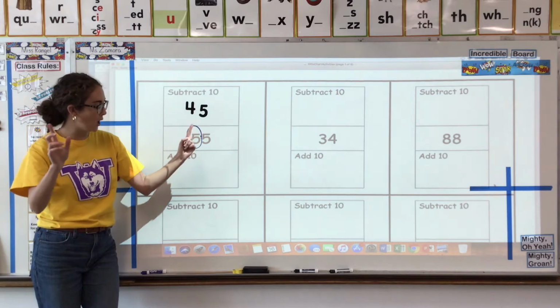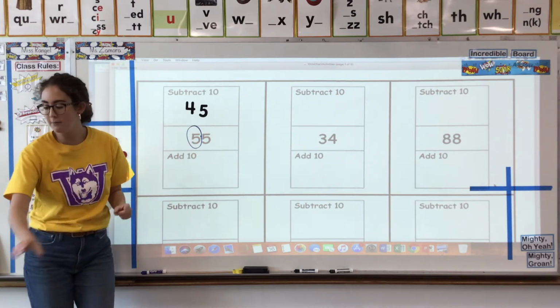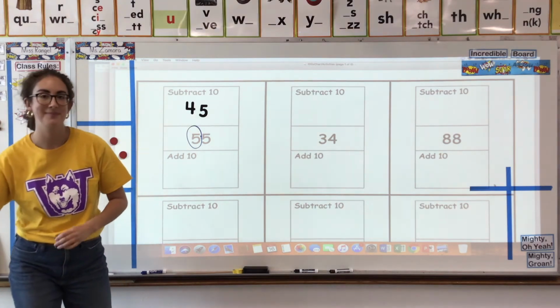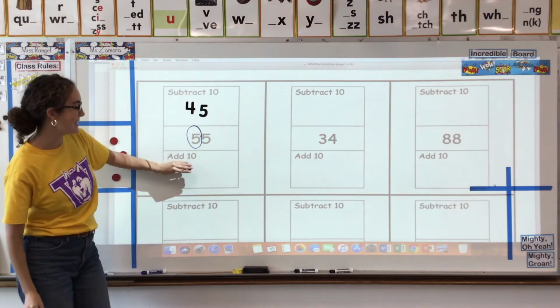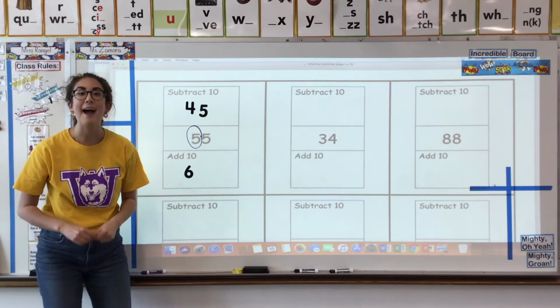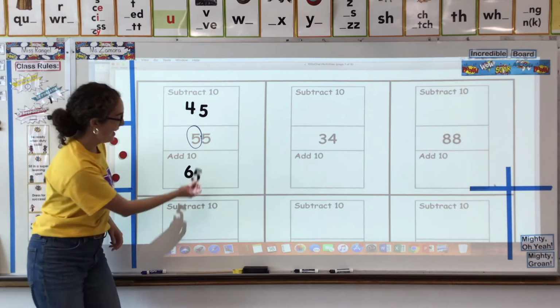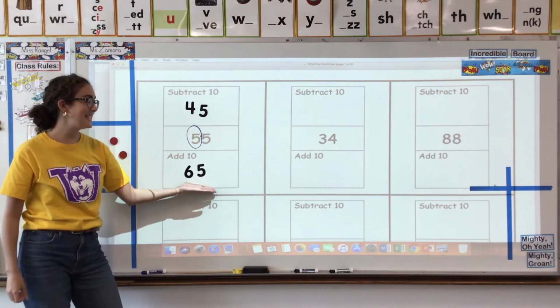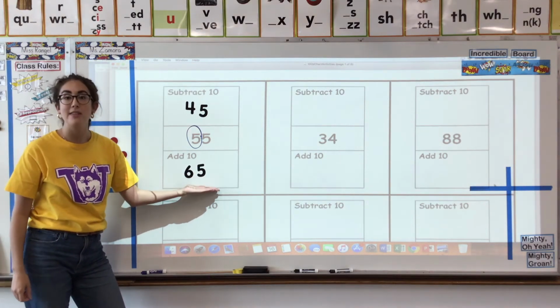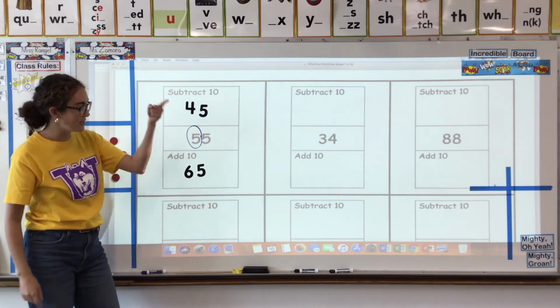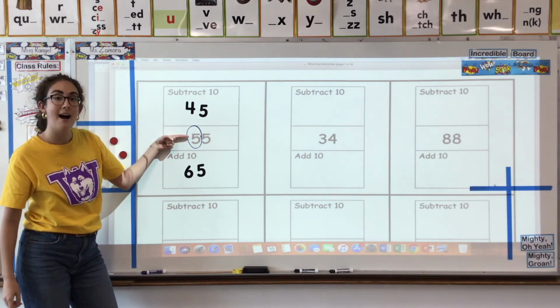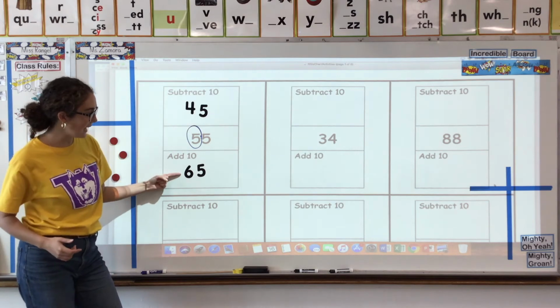5. So 1 more would be 6 tens. And the next 10 would be 65. This is 10 more because we had 5 tens and now we have 6 tens.